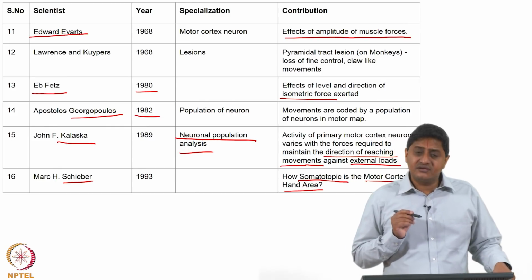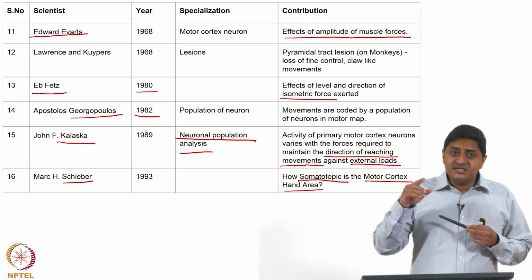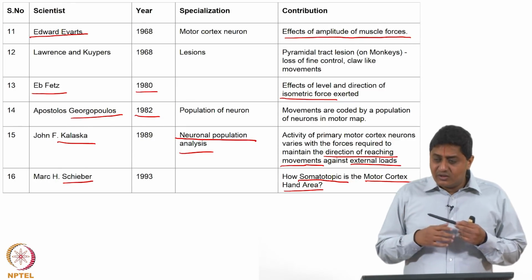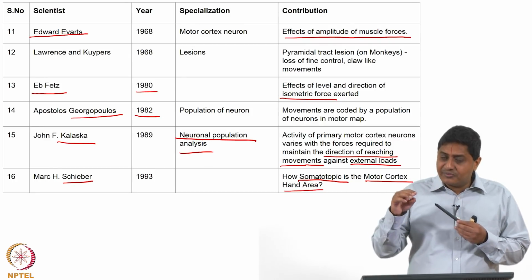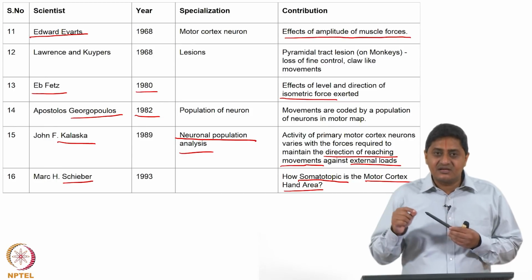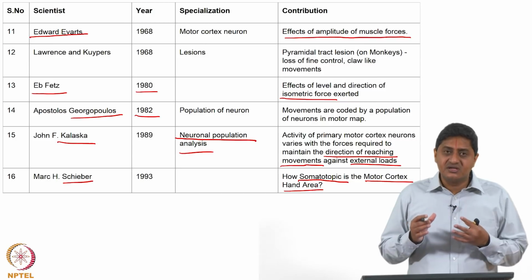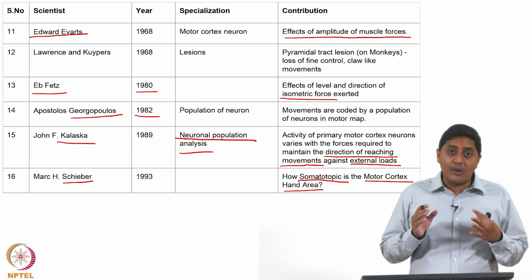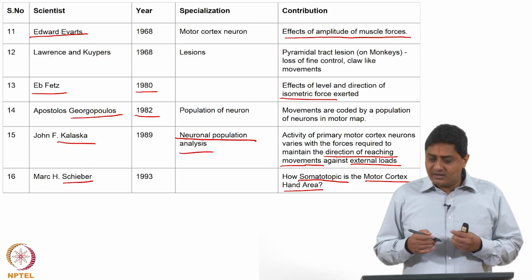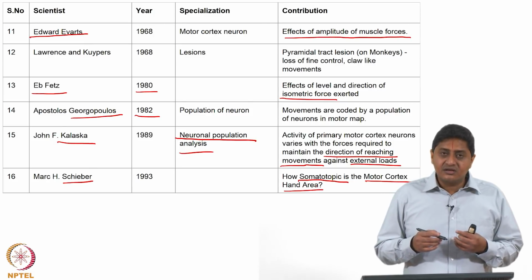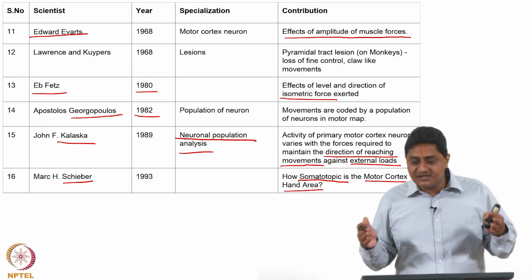What was found was that neurons that control movements of individual digits were not necessarily restricted to a small area, but rather were distributed in a relatively large area of M1. Also, neurons within a region control not just one digit, but sometimes several digits at the same time.